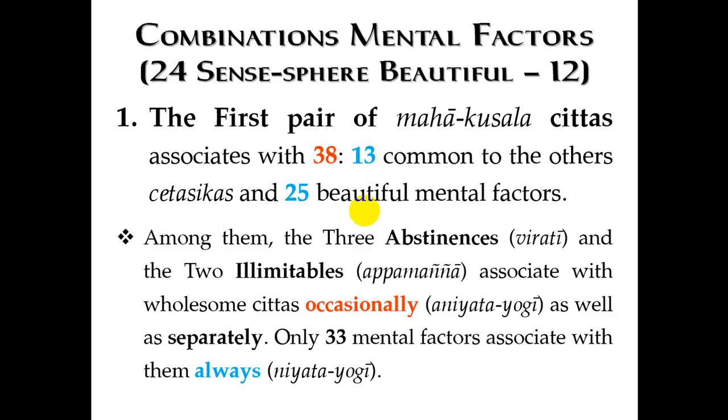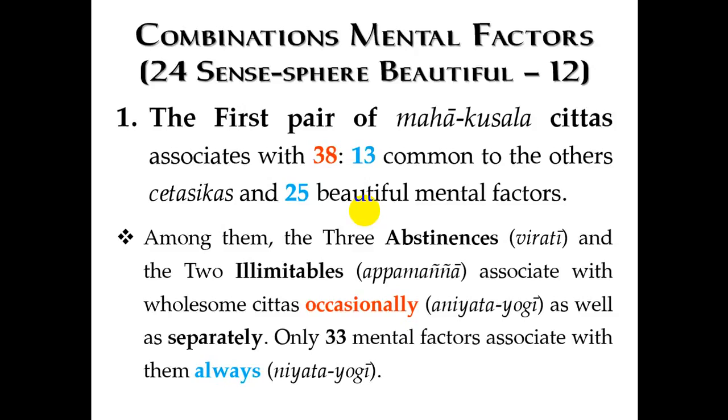But suddenly a mosquito approaches you, making a big noise. You go to kill it, then you remember that killing is not good. Of course, this time you may have the 3 abstinences. What I want to say is that the 3 abstinences arise occasionally, not all the time, only when you refrain from unwholesome deeds.